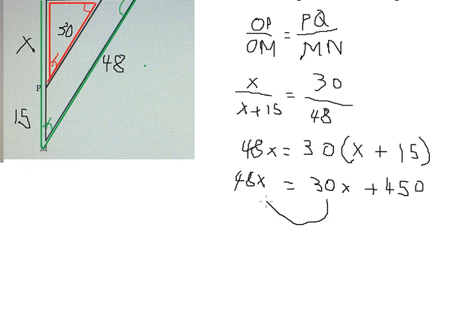So I will put this one to the left. So 48S minus 30S equals 450.